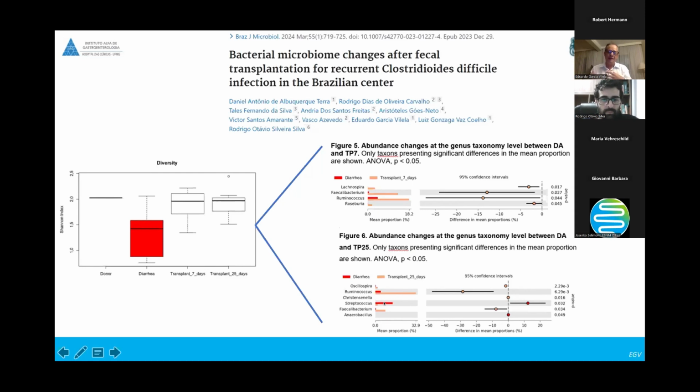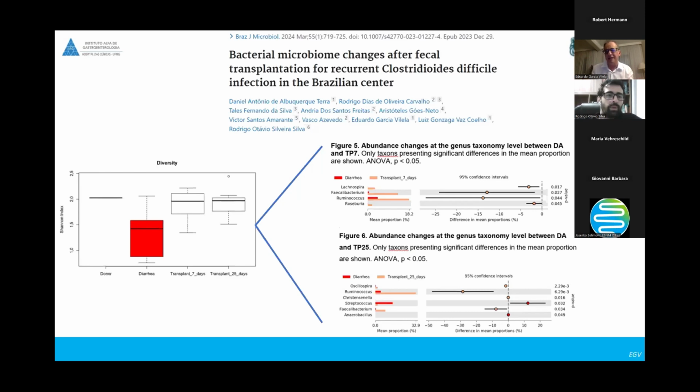We can suppose that these patients are going to recover the microbiota from before the infection by Clostridioides difficile, and have the basal microbiota some months after treatment.